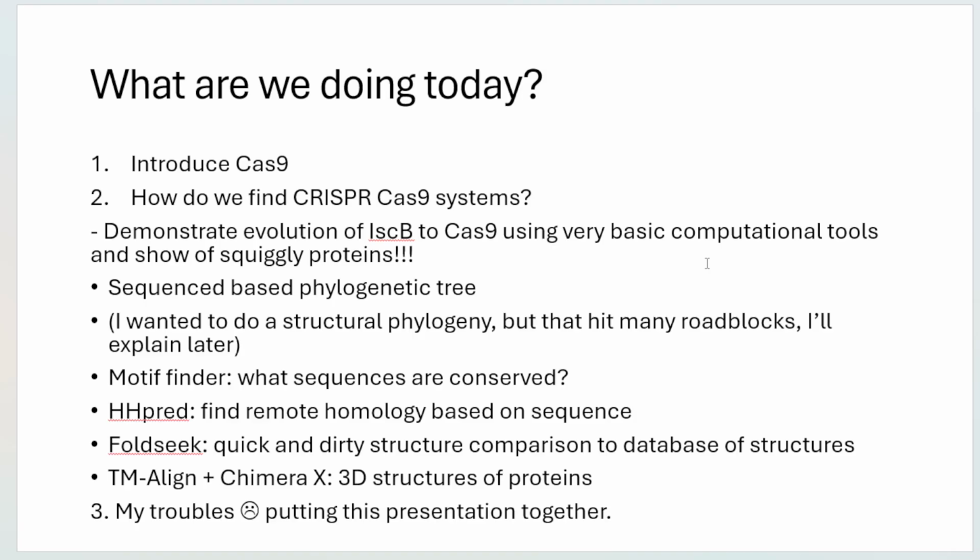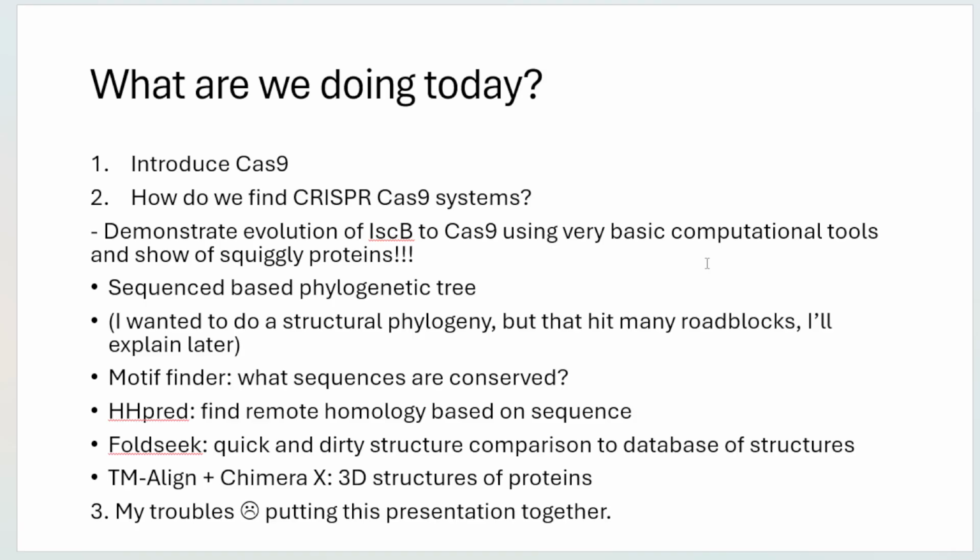Foldseek is a structure to structure comparison, so we need a PDB or a CIF file. We can't use a protein sequence to feed to Foldseek, and it will compare your protein structure to a massive database of other protein structures, but it's pretty lenient. It's not very accurate.